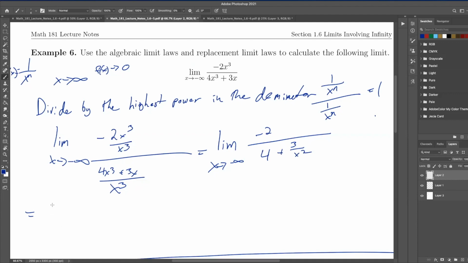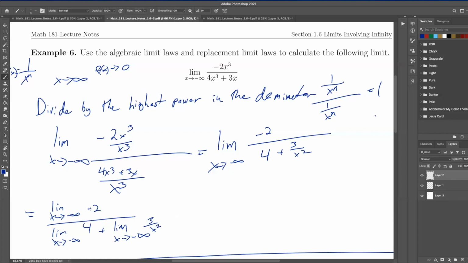So this is the limit as x goes to minus infinity of minus 2, over the limit as x goes to minus infinity of 4, plus the limit as x goes to minus infinity of 3 over x squared.